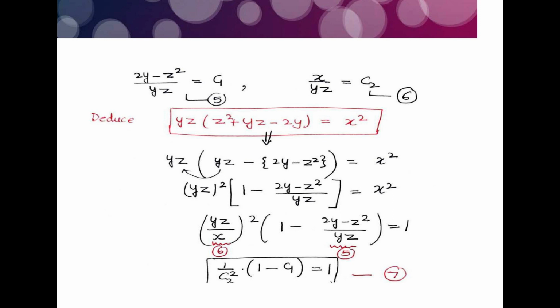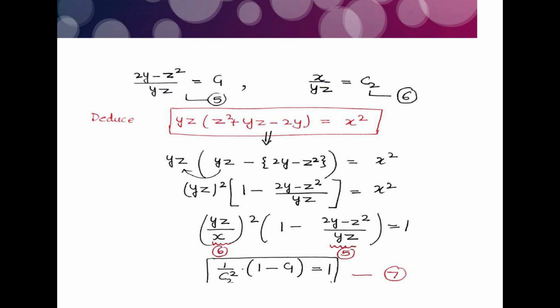See, in C1 we have 2y minus z square divided by yz, right? So in this particular solution, the bracket expression z square plus yz minus 2y, I am rewriting as yz minus 2y minus z square. And see this bracket part, 2y minus z square, it is the numerator of the function in C1. We just need yz.